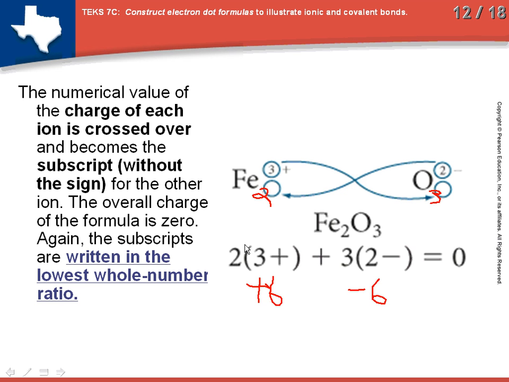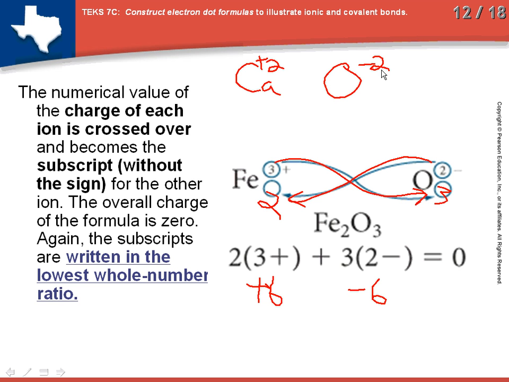Notice I could just swap them. Just the 2, not the minus. The 2 becomes the subscript on the iron, and the 3 becomes the subscript on the oxygen. So Fe2O3. Sometimes when you do this, for example with calcium and oxygen, which is +2 and -2, when you swap these you would get Ca2O2.